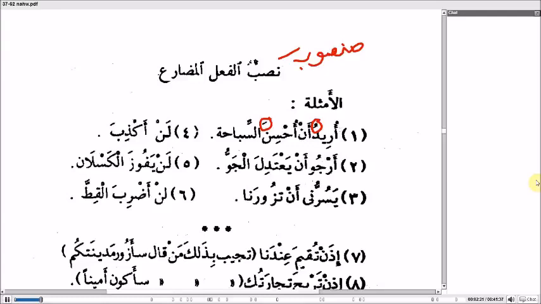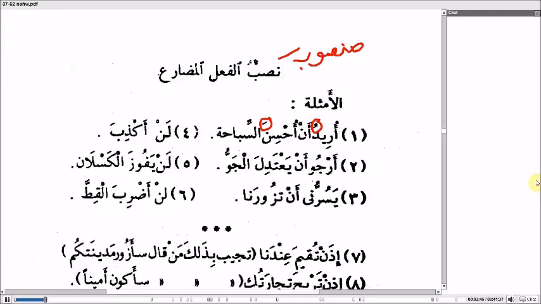Read the second one, Muharram. أرجو أن يعتدل الجو. Arju, I hope. And ya'tadila, that it becomes moderate. Al-jaw, the weather.